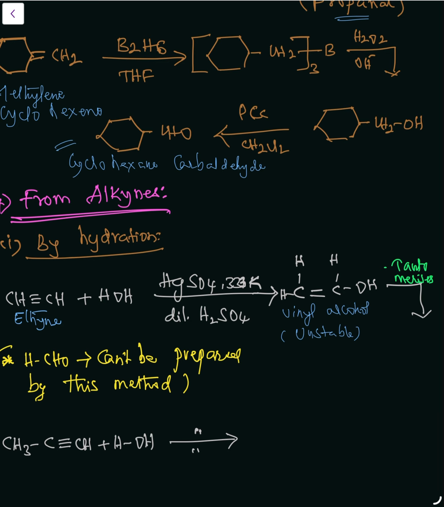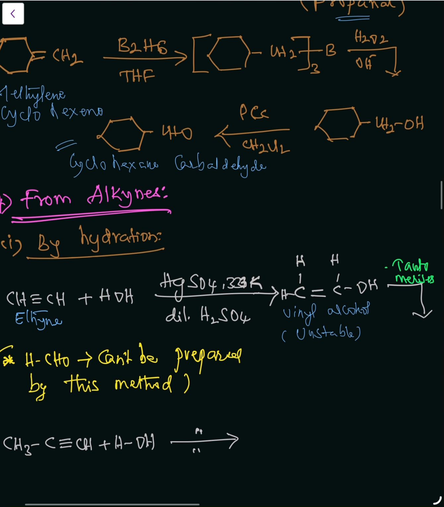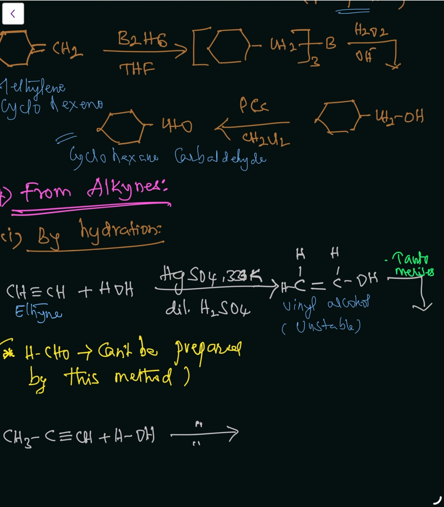So whatever this OH group is there, that gives CH3CHO, right? Here the bond between O and H is shifted, that means this hydrogen is eliminated as H plus.